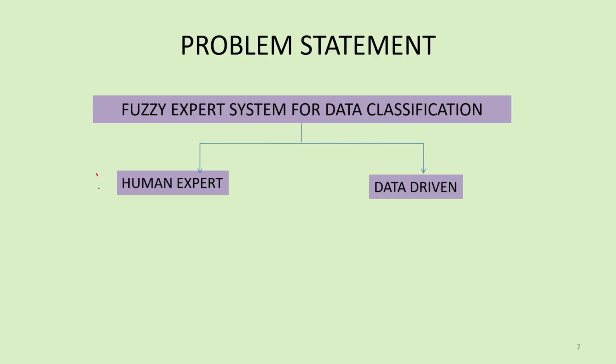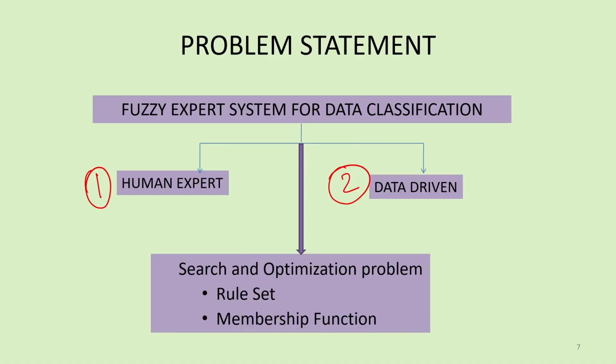So the problem statement is clearly stated: there are two ways of designing a fuzzy expert system for performing a data classification task. One is the human expert, another is the data driven approach. And in both cases, the task is defined as a search and optimization task. So what is this search and optimization task doing? It is going to search the rule set as well as the MF, and try to optimize this rule set and MF.